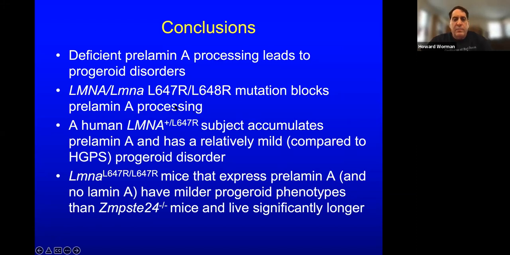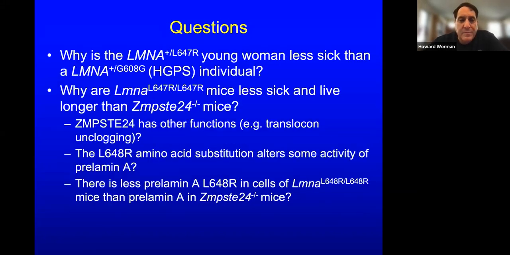A human subject with this mutation accumulates pre-Lamin A and has a relatively mild, at least compared to HGPS, progeroid disorder. And the homozygous mutant mice that express only pre-Lamin A, for some reason have a much milder progeroid phenotype and live much longer than the corresponding ZMPSTE24 null mice.